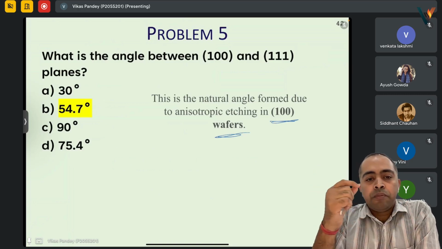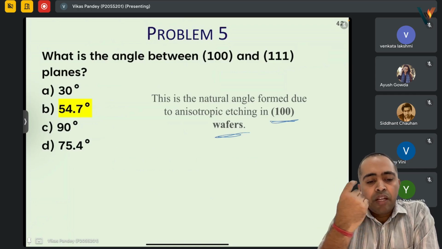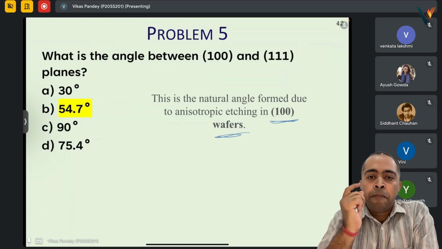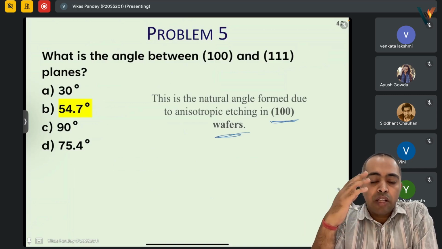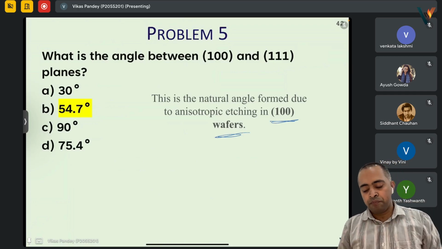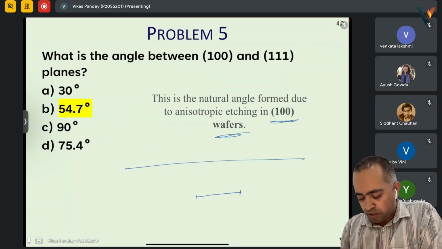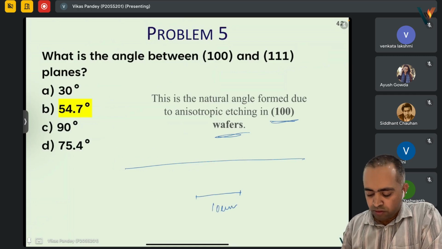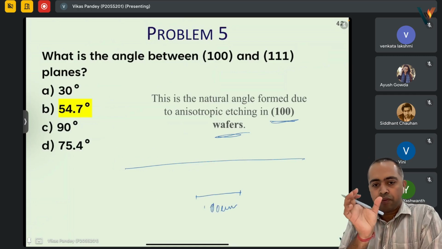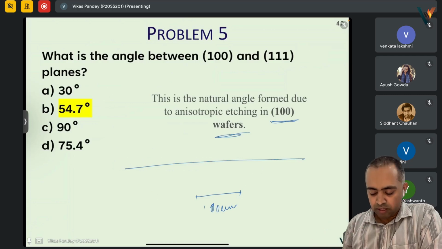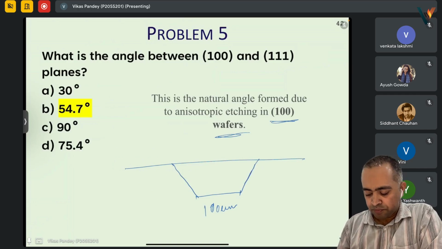And that is why while defining the features we do this calculation, like what the depth will be, so that if we want to have, say, 100 micrometer length square inside, we do a calculation like this, that this angle will be 54.7 degrees.